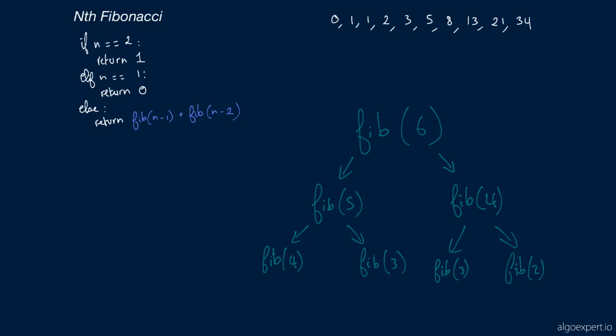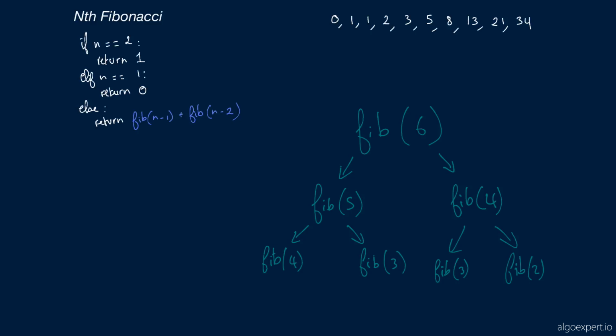And already here we can see that we're repeating a bunch of computations. We have fib of 6 that calculates fib of 5, and fib of 5 calls fib of 4, but then we're going to have to call fib of 4 again up here, and then fib of 5 also calls fib of 3, which is going to have to be calculated again here, and this goes on a bunch of times until we hit the base cases.